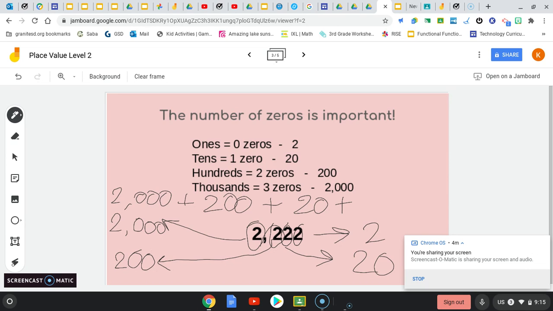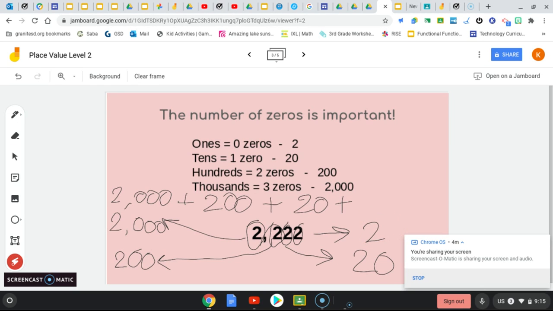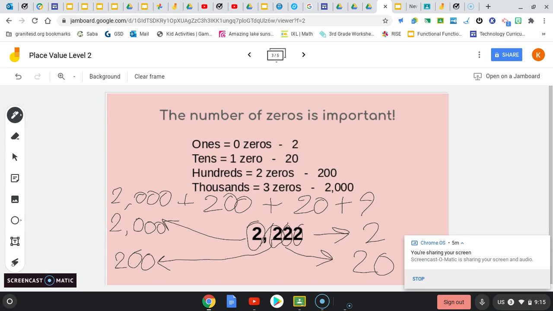And finally, the 2 in the ones place represents 2. So 2,222 written in expanded form is the same thing as 2,000 plus 200 plus 20 plus 2.